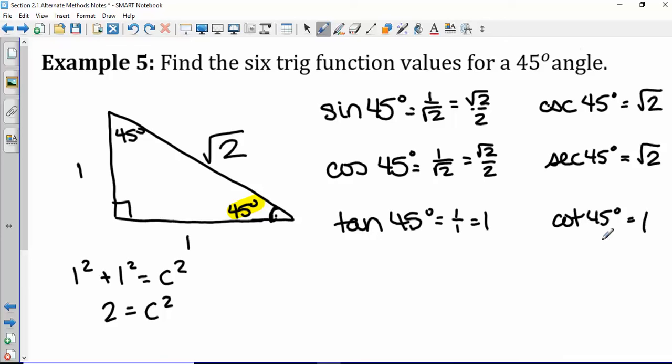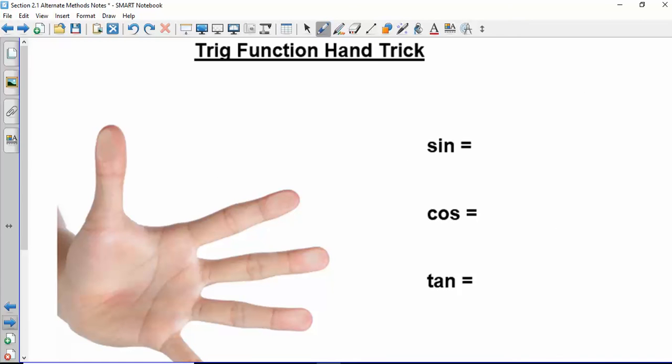So here's the deal. These are very, very common angles. We are going to see them all the time, so we really have to memorize their values. Now, I know, I just say that and everybody's like, ooh, that's a lot to memorize. And it is, but I have tricks for you.